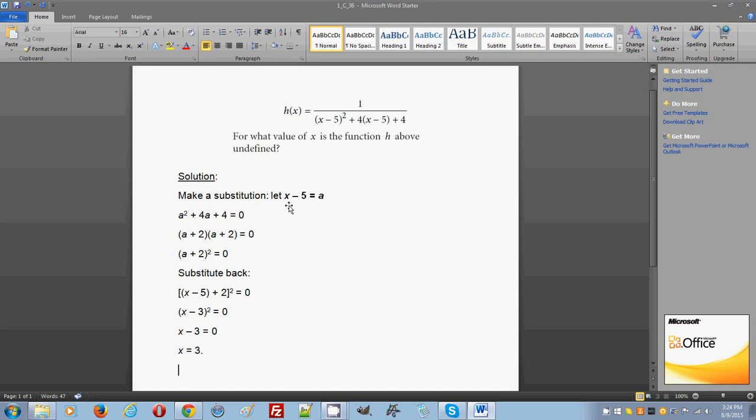But if you feel like you can't see them, you can just simplify this to produce x squared minus 6x plus 9, or whatever the numbers will be on another question. You can just do it this way, and you will still arrive at the right x value that produces 0 for the denominator, which makes the function h of x undefined.